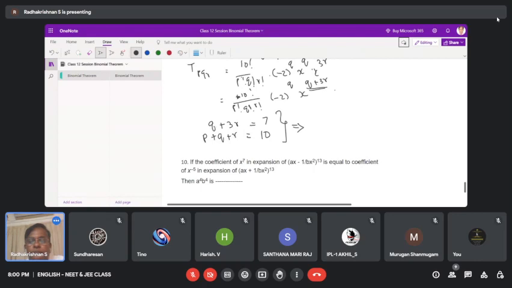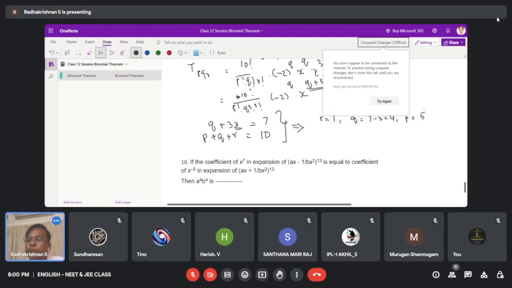For example, r can be 1, you put r equal to 1, q equal to 7 minus 3, that is 4, and p equal to 5.